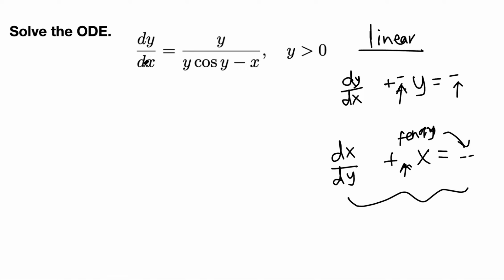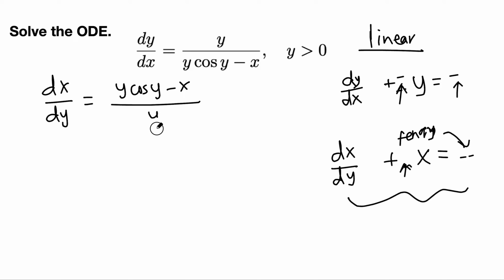Okay, we can flip this fraction, we can flip this as well. Then we'll have two terms in the top and one on the bottom. Maybe we will be able to write this one. Let's try. This is same as dx over dy equals y cosine y minus x on the top all over y.